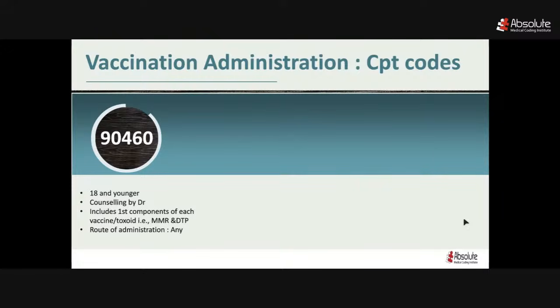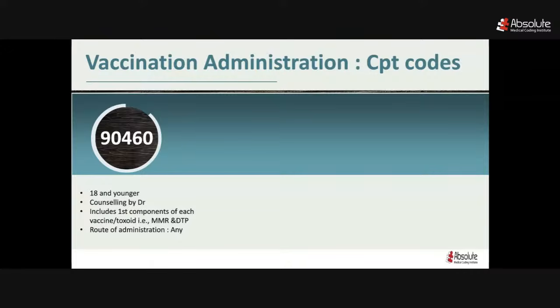So this is a very important point. 90460 codes for the first component of each vaccine. So if you have an MMR and a DTP, MMR has three components, namely measles, mumps, and rubella. And DTP also has three components, as we just saw in the last slide: diphtheria, tetanus, and pertussis.